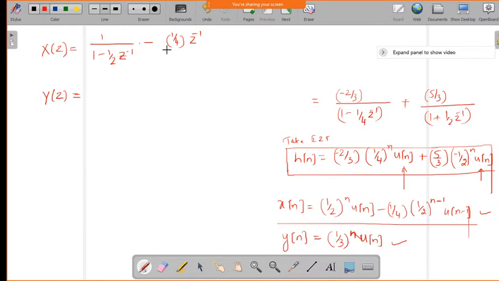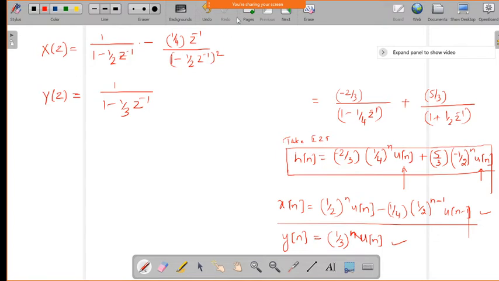That is, 1 over 2 z inverse over 1 minus 1 by 2 z inverse whole square. And y of z is 1 over 1 minus 1 by 3 z inverse. So this is y of z and this is x of z. Now take the ratio and try to find out.